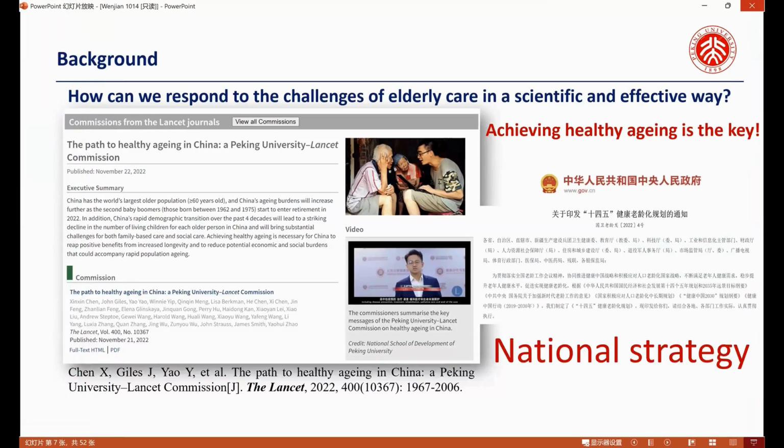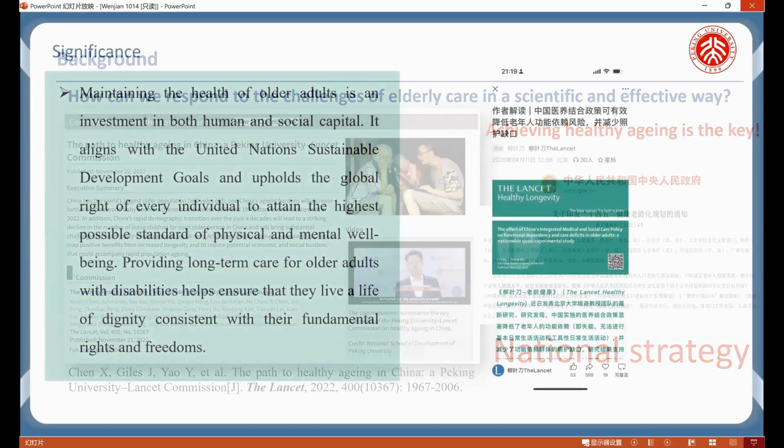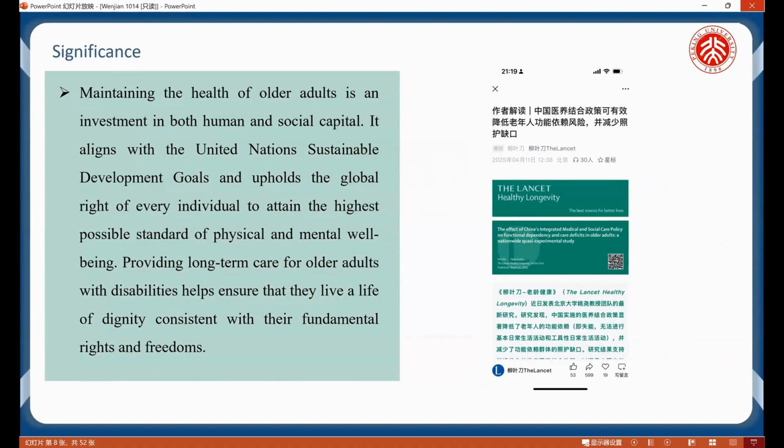How can we respond to the challenges of elderly care in a scientific and effective way? According to Peking University and the National Health Commission of China's government, achieving healthy aging is the key. Maintaining the health of older adults is an investment in both human and social capital.